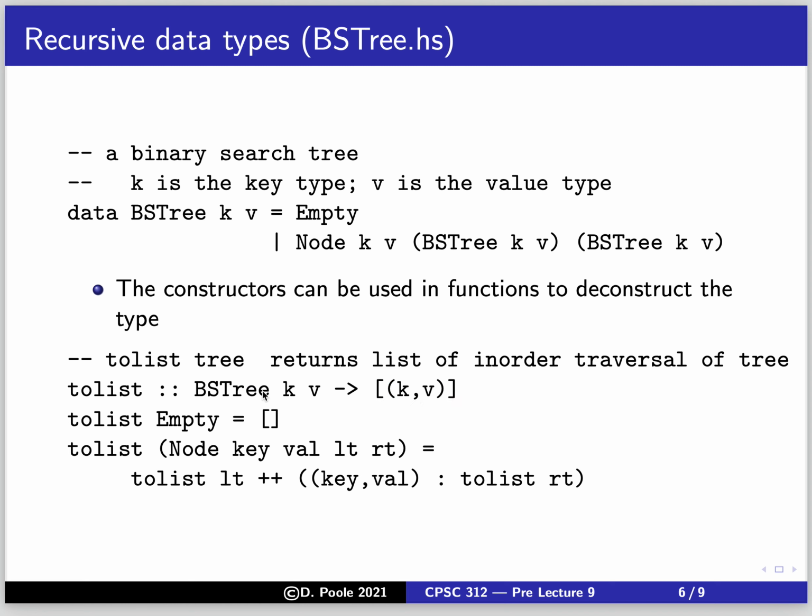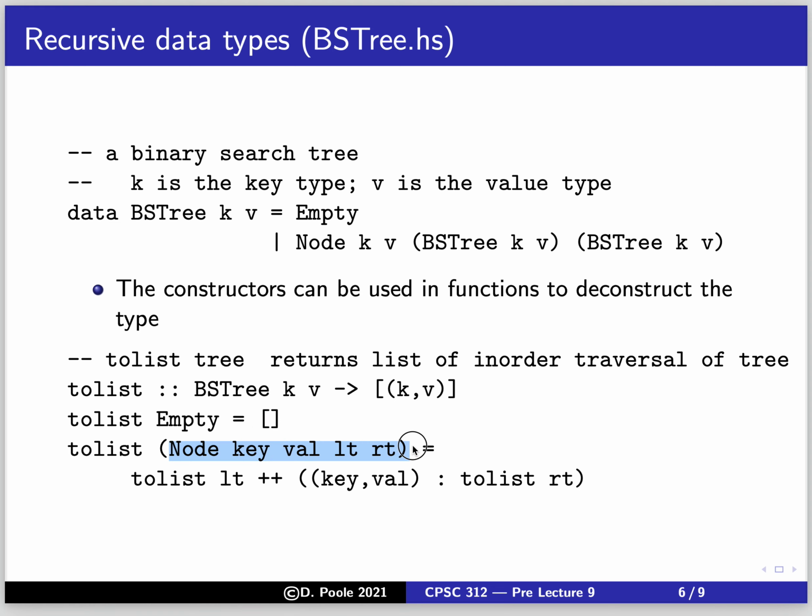So it's going to go from a tree into a list. Okay. So the normal way of doing that is we're going to define 2 cases. There's 2 cases for a binary search tree. It's either empty or it's a node. If it's empty, we want to return the empty list.